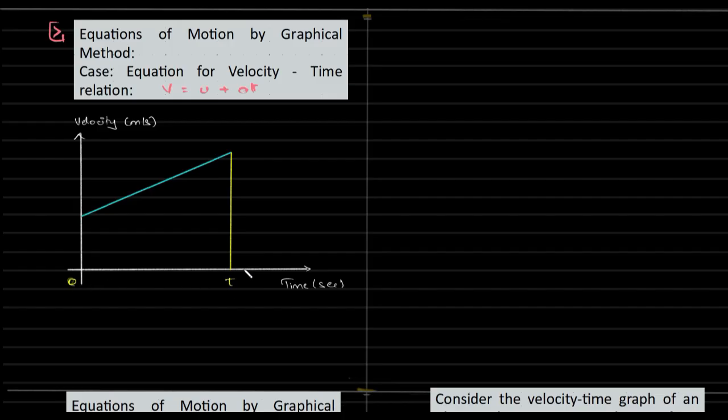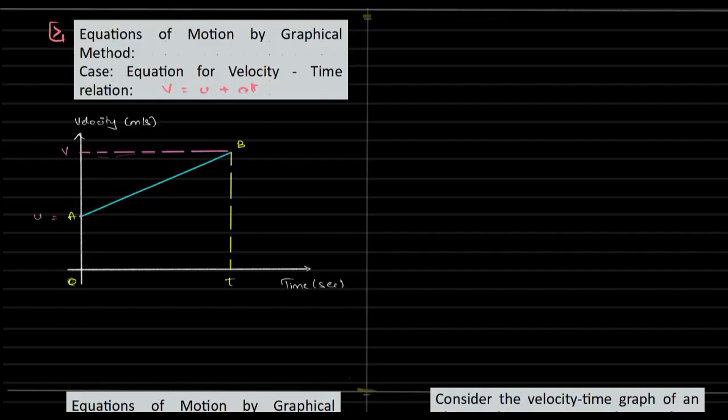This is 0 to t, and this is a projection of point B onto the time axis, and the projection of point B onto your velocity graph would be that. So that would be your final velocity, and this would be your initial velocity.